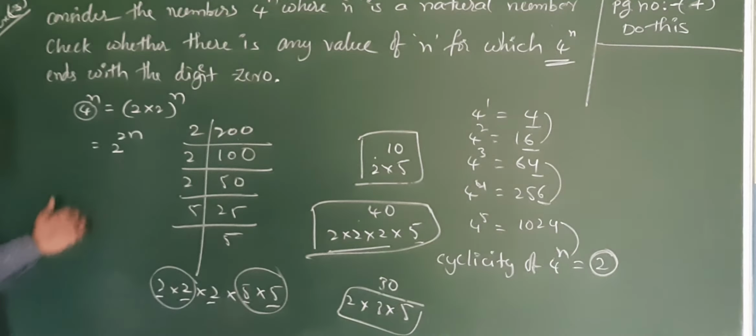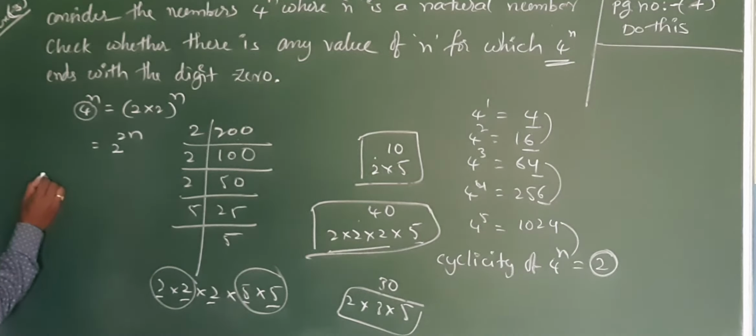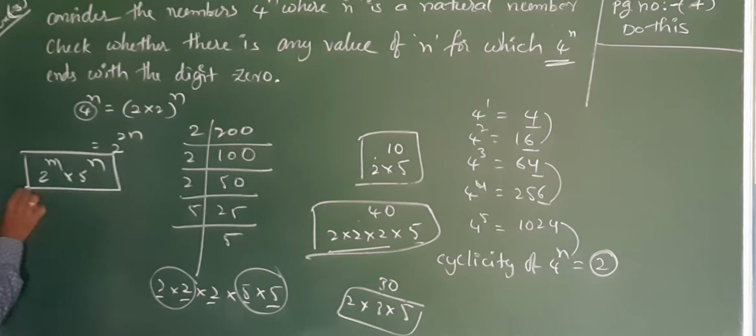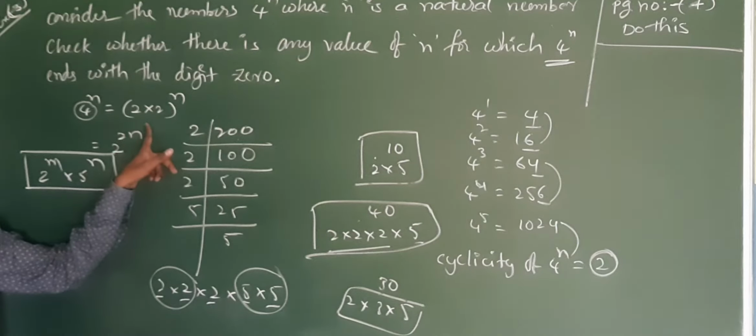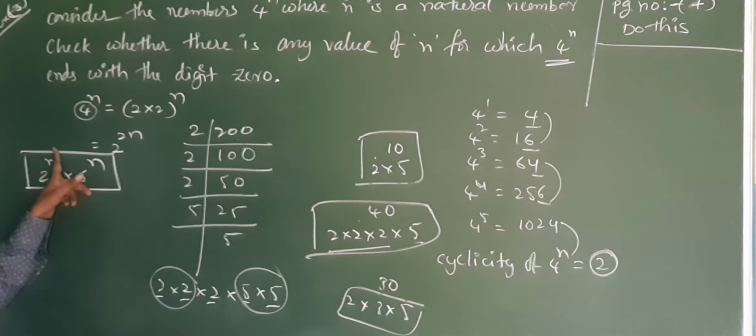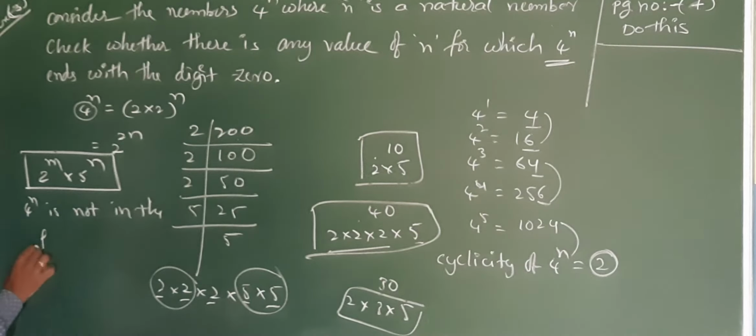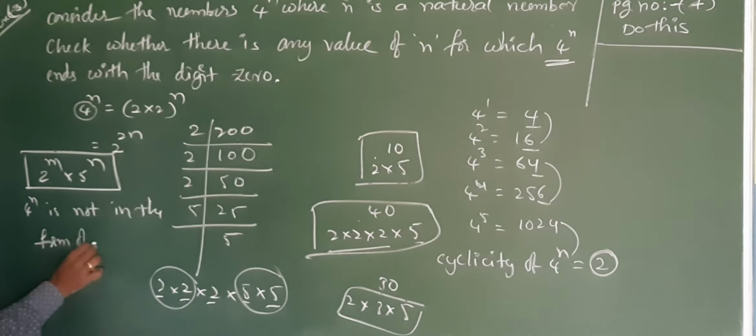So for getting 0, it should be in the form of 2 power m into 5 power n. This base should be in the form of 2 power m into 5 power n. So 4 power n is not in the form of 2 power m into 5 power n.